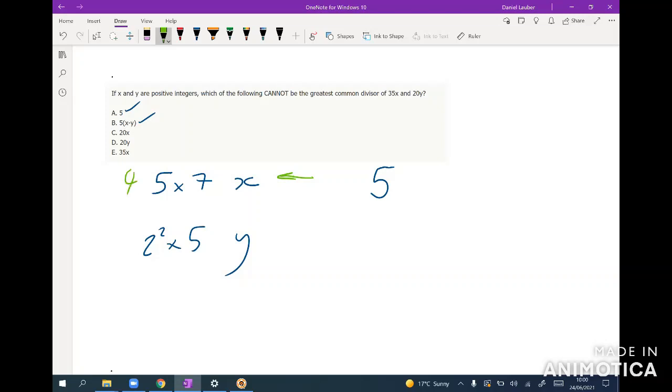That's the only way we could have 20x, because there's only one way of taking out 4. So actually we can't have 20x, so that will be the answer. And then obviously 20y, that's fine, we've got that there, and 35x, that's fine because we've got that there. So that will be C.